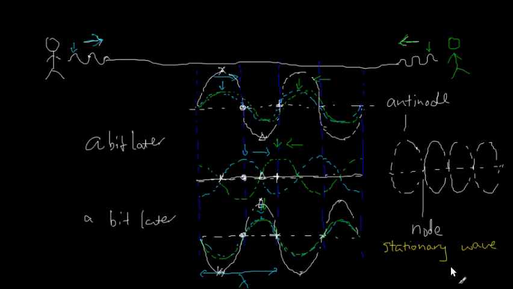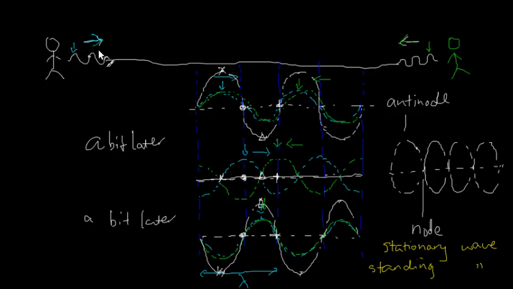That's one name. It is also called another name, a standing wave. And one thing that we should note about this wave is that if you remember, on the kind of wave that actually looks like it's traveling, let me write down the name of that kind of wave as well.